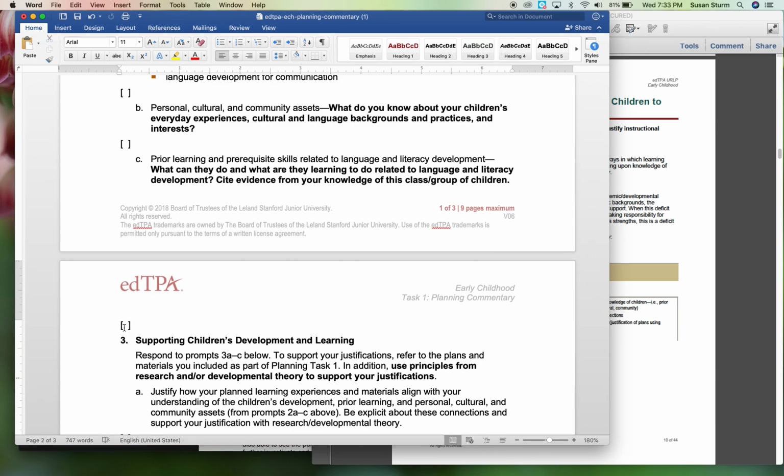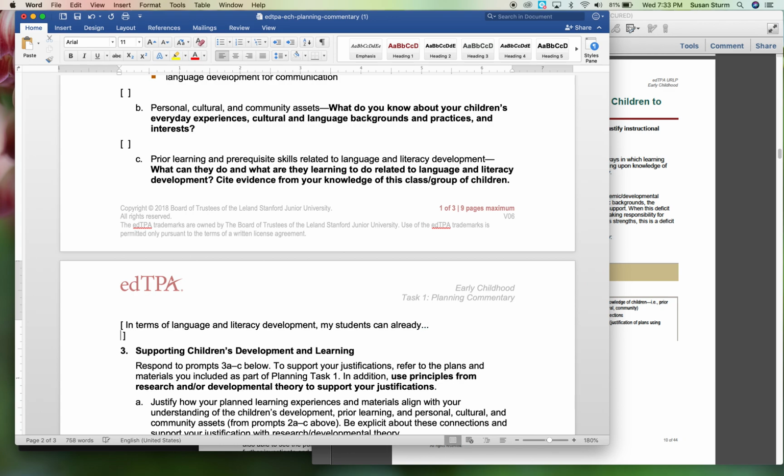In terms of language and literacy development, my students can already, and you would fill in what they can do related to your lesson.